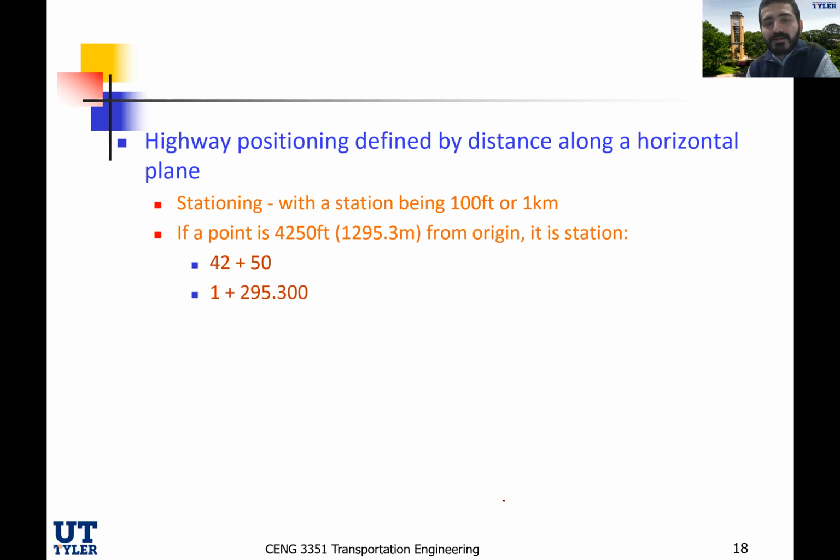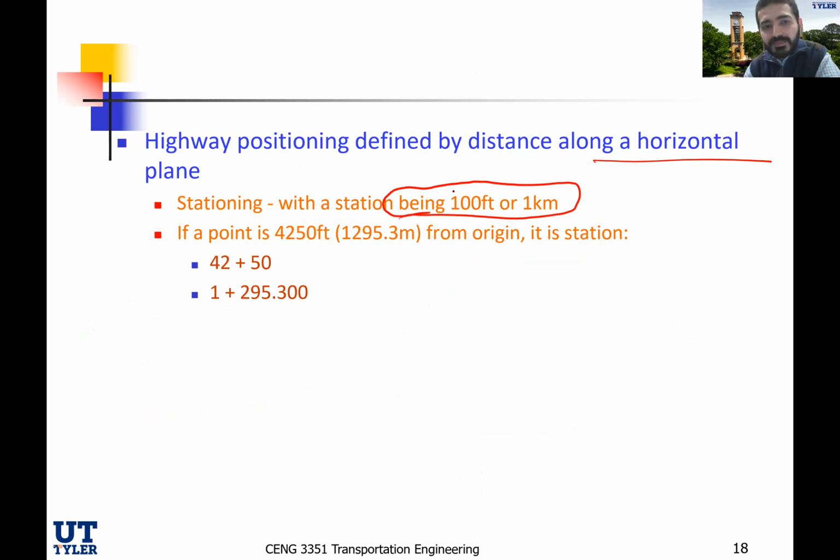A few rough principles about surveying. Highway positioning is defined by distance along the horizontal plane. So stationing: a station is 100 feet or 1 kilometer, depending on the units.